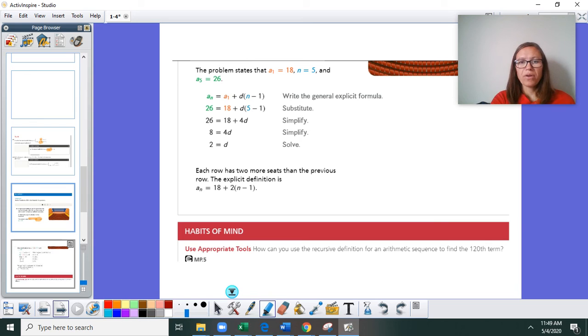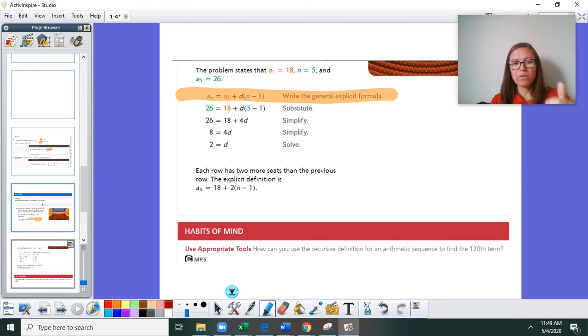And so we're going to write the general explicit formula. So we've got a sub n equals a sub 1 plus our common difference times our now, n minus 1. When we put in 26, 18, and 5, we then can simplify to 26 equals 18 plus 4d. And we can keep simplifying so that we can know our common difference. So now we can write the explicit formula for any row there with our common difference in mind.